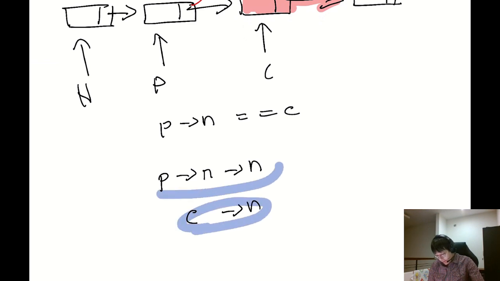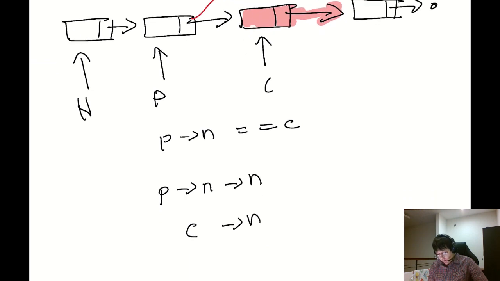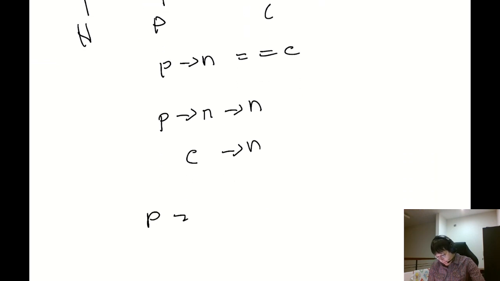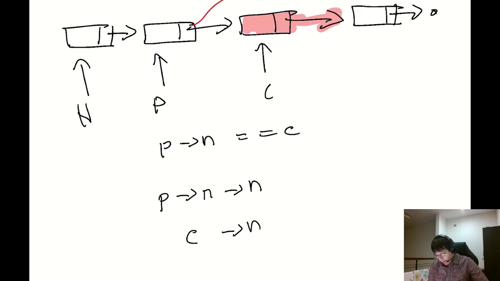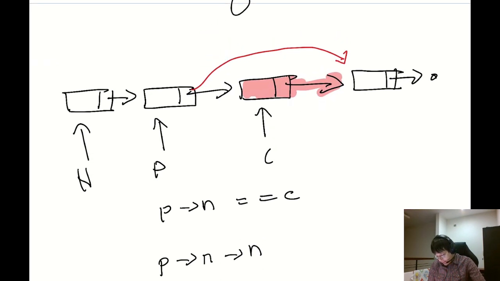So this is the same thing as this. So what I want to do is update Pn. I want to make that equal to, because that's this arrow, I want to make that point there. Where's that at? Well, that's what Cn is pointing to, right? That's this arrow.